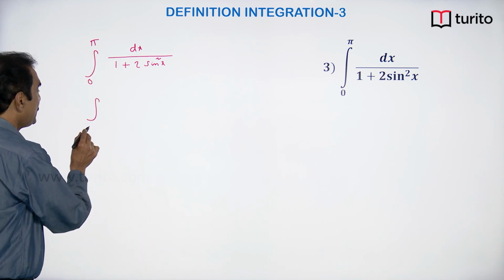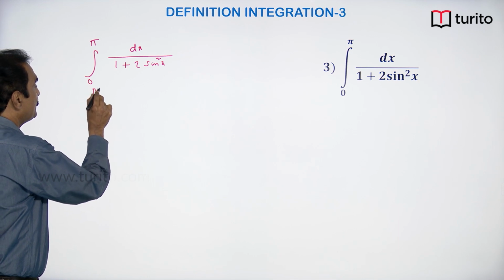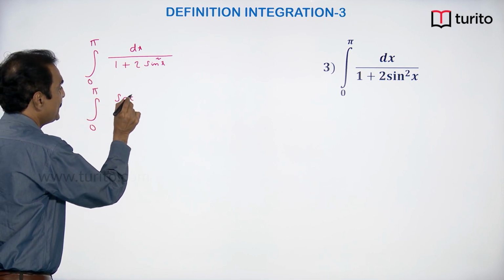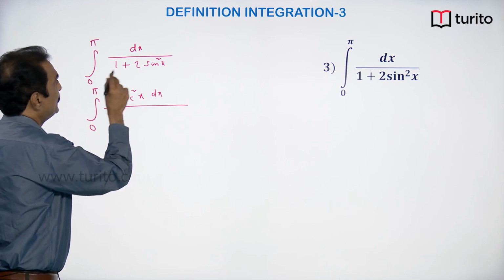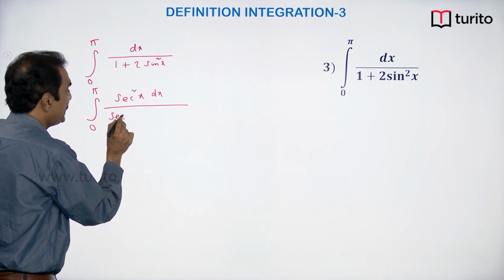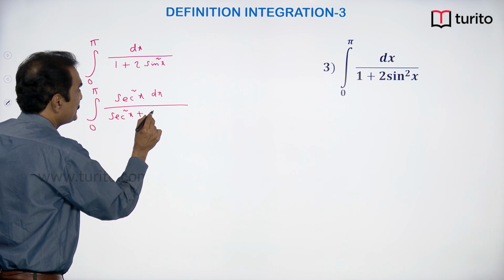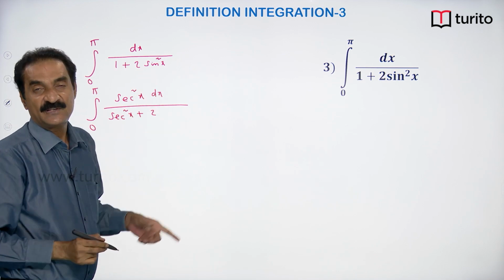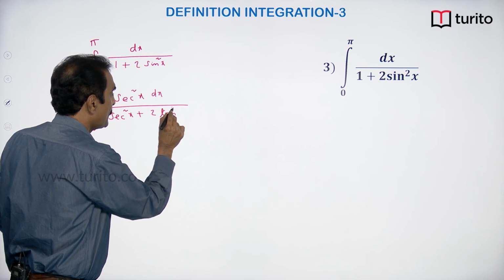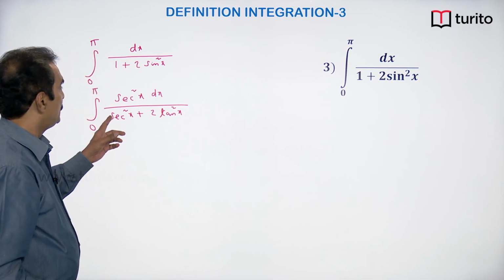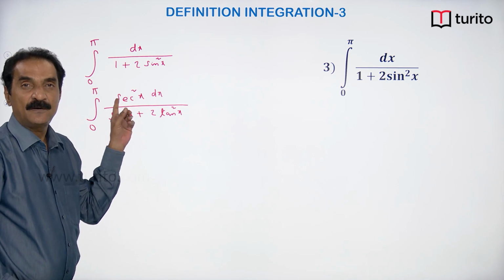So multiplying by secant square x, you will get secant square x dx by the denominator: secant square x plus 2 into sin square x into secant square x, which is tan square x. Now secant square x is the derivative of tan x.